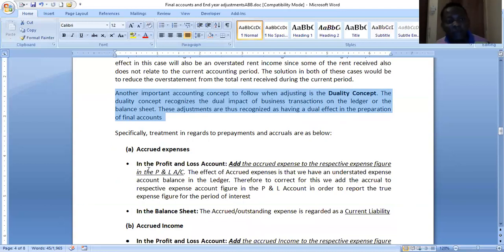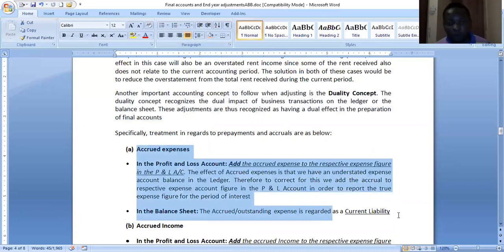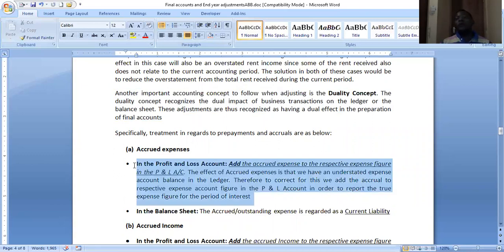So now, how do you adjust for accrued expenses? We have to follow the duality concept, the double adjustment. For accrued expenses, in the income statement, we will recognize accrued expenses because this is an expense that has been incurred. It's only that we have not paid money for it.